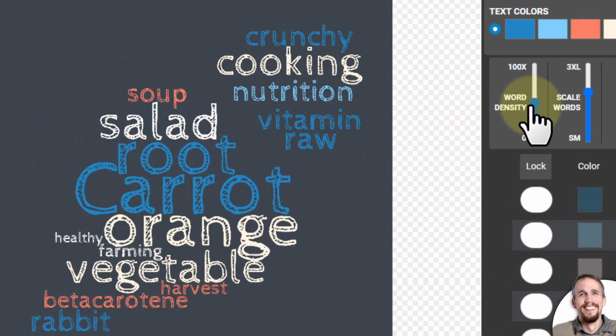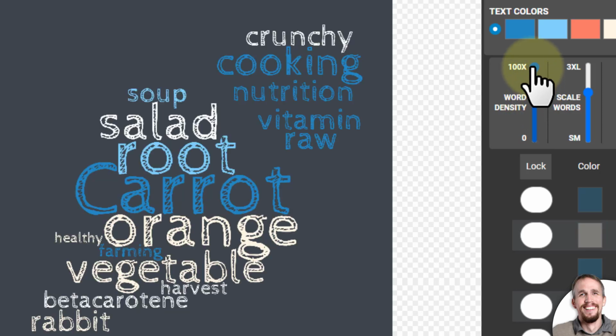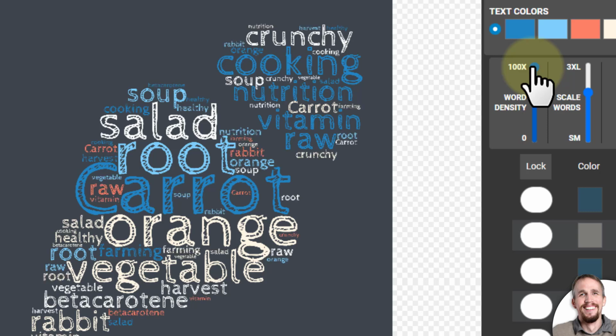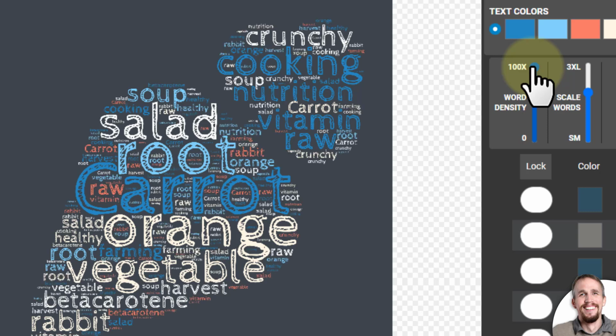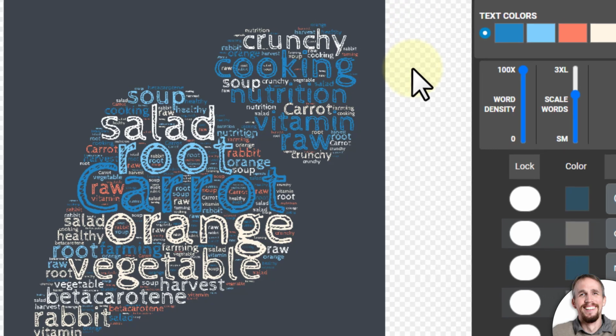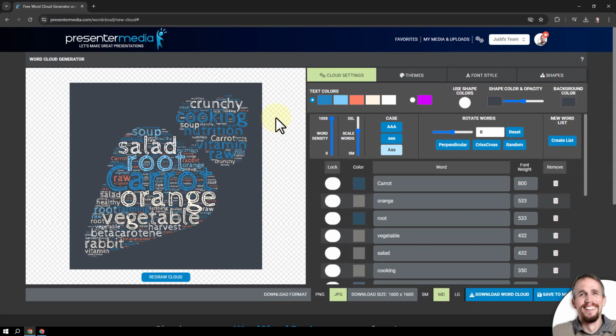So if I bump up the word cloud density, what it's going to do is just start repeating the words you have selected and kind of filling in with smaller repeat words to make more of the shape. So this looks more like a carrot, but it doesn't look like it's colored like a carrot. So what I need to do is go over to where it says use shape color.